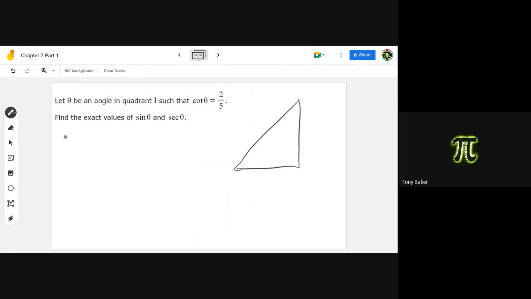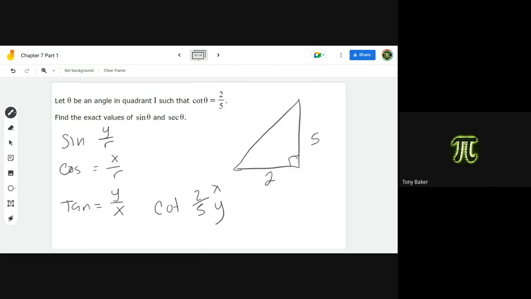You just have to remember that sine is y over r, cosine is x over r, tangent is y over x. Radius. So they gave me cotangent, which is the flip of tangent, right? They gave me cotangent's 2 over 5. So that's x and that's y. So 2, 5. X and y.